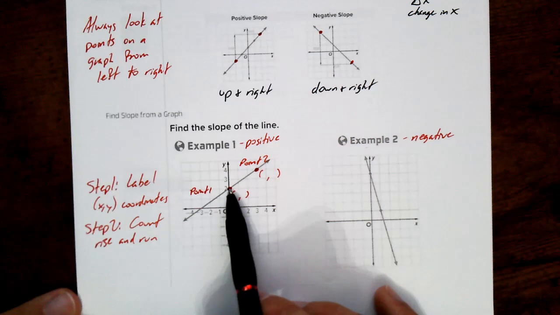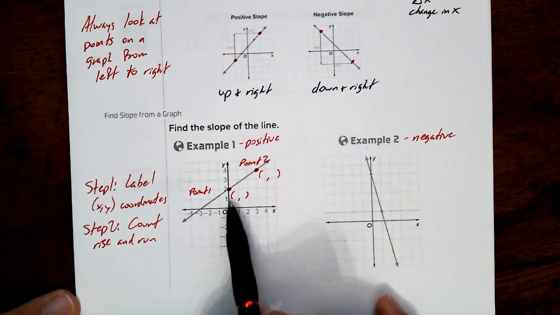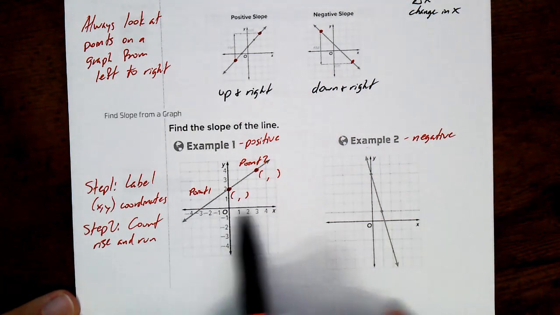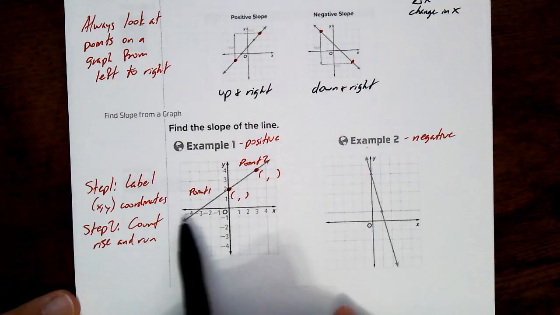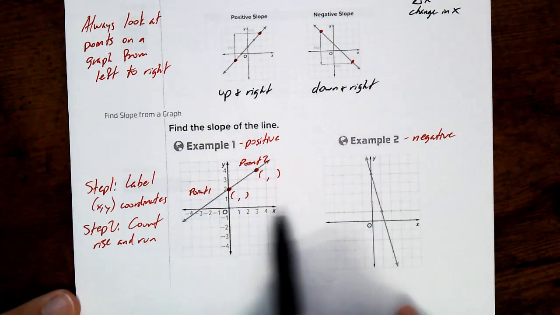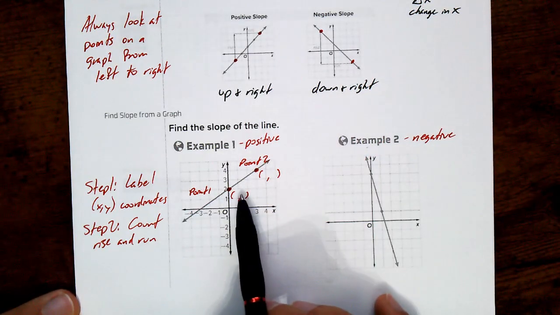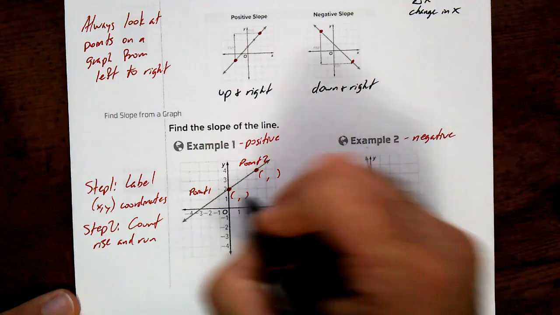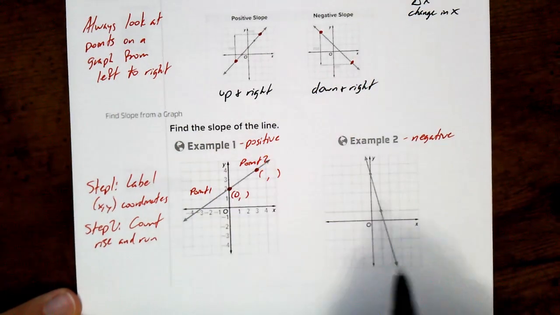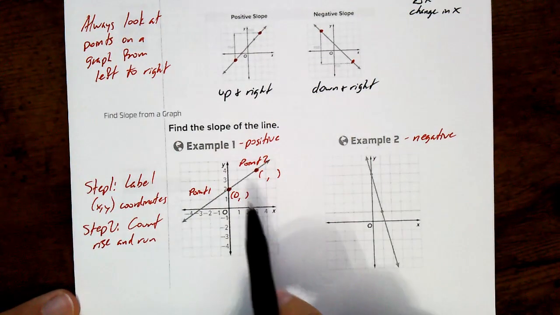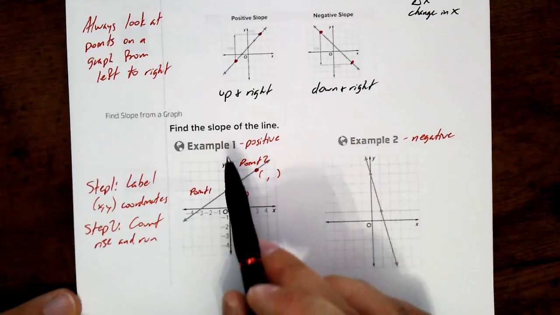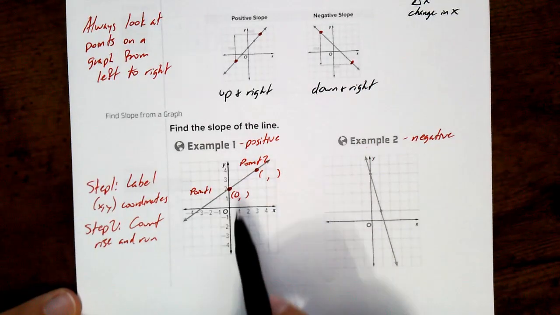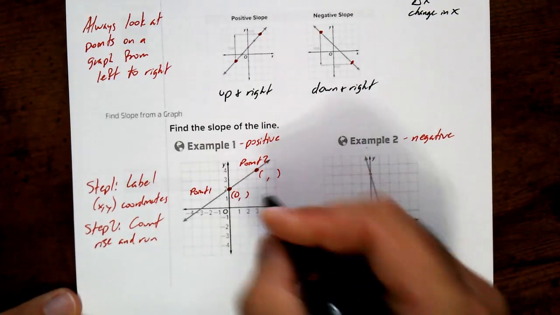Where does this point lie on this axis? We're not looking up and down right now. We're looking side to side. Where does this point lie on this axis? Well, that's at 0. Where does this point lie on the y-axis, on the up and down? 2.